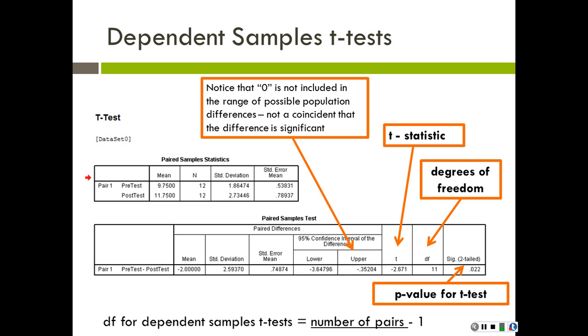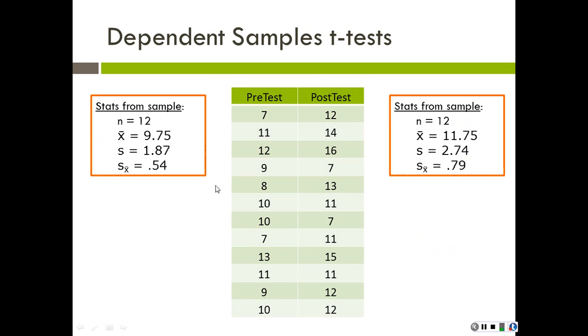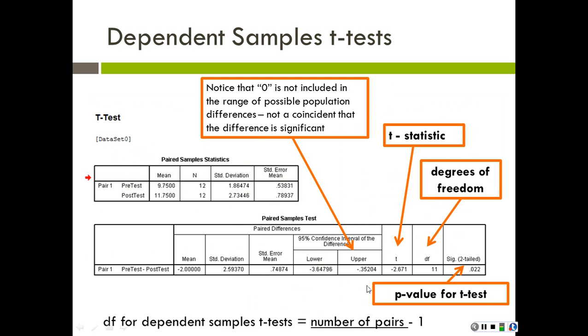For a dependent samples t-test, the degrees of freedom is the number of pairs minus 1. We have 12 people, so we have 12 pairs, and 12 minus 1 is 11. That's how it calculates the degrees of freedom.